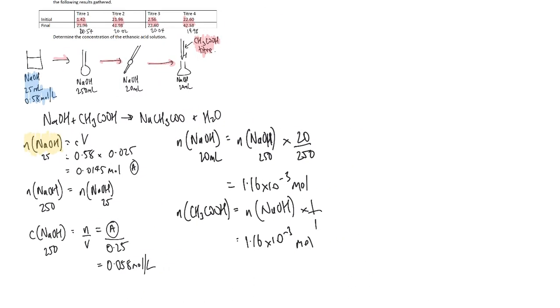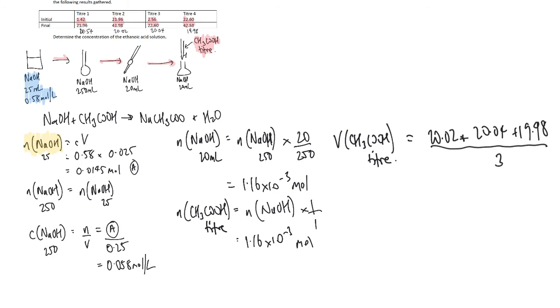All right. So the volume of the titer of the ethanoic acid will be equal to 20.02 plus 20.04 plus 19.98 all over 3.